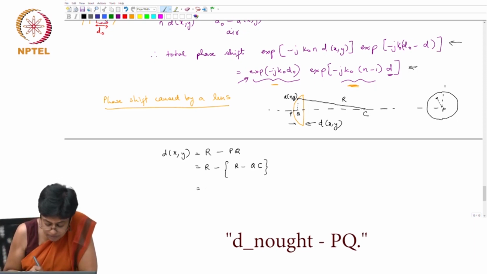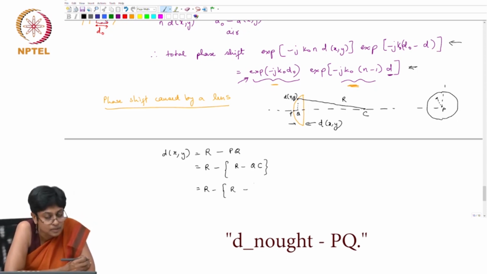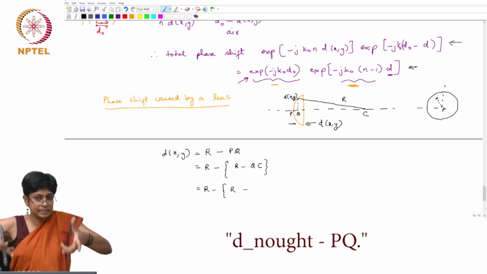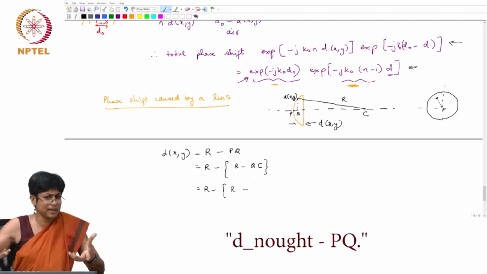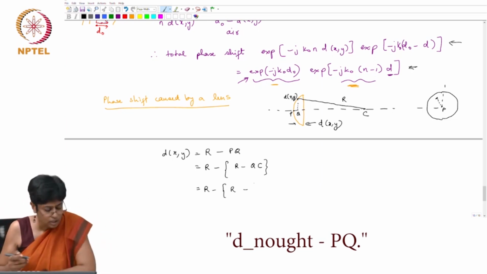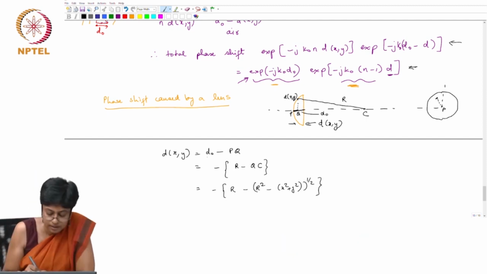So in other words, I can write this is R minus, what will it be? Now I have a right angle triangle, but it's a tilted right angle triangle, but that doesn't matter. I can always pull it back and just treat it as a right angle triangle, right? So I'm going to write this as R squared minus x squared plus y squared to the power. It's d naught.